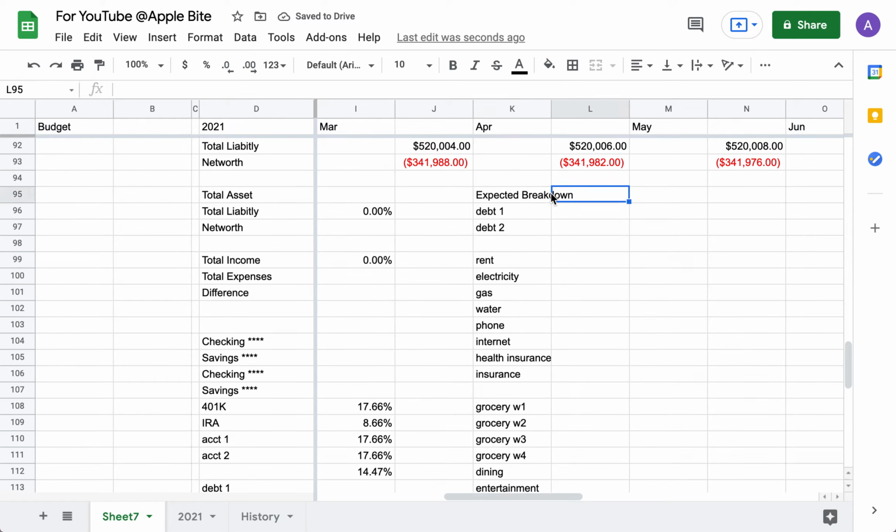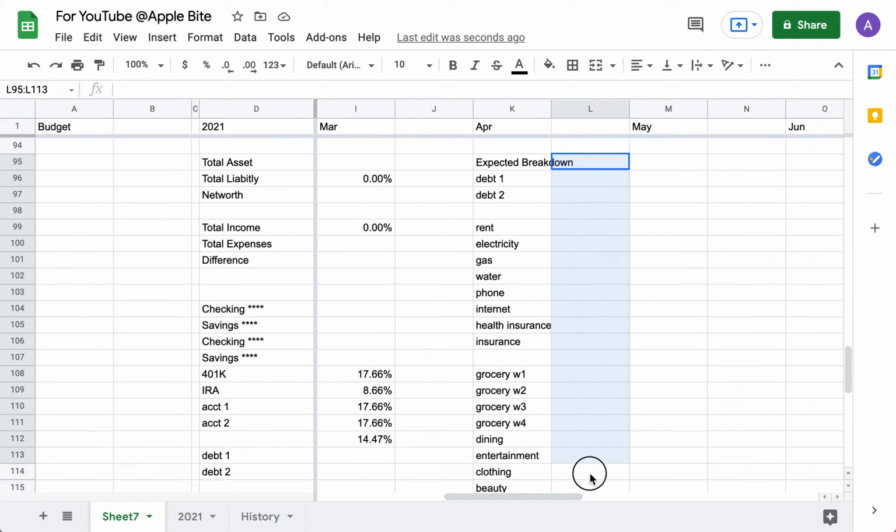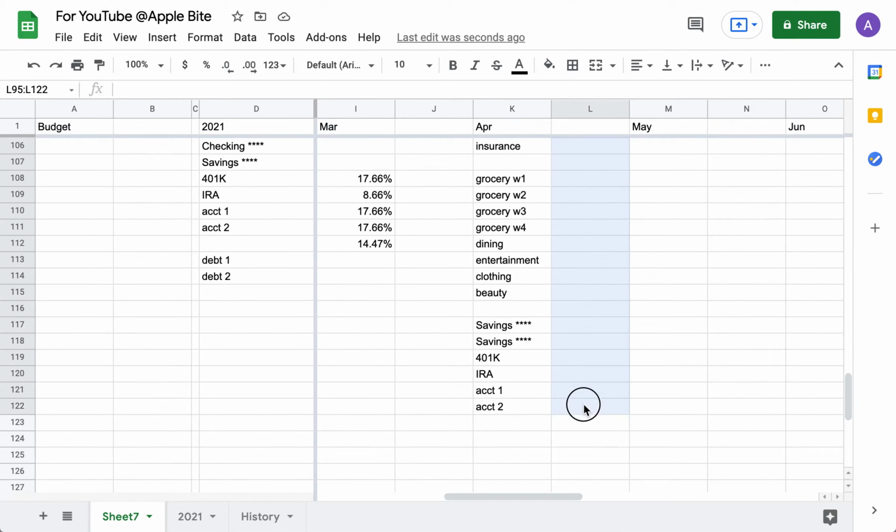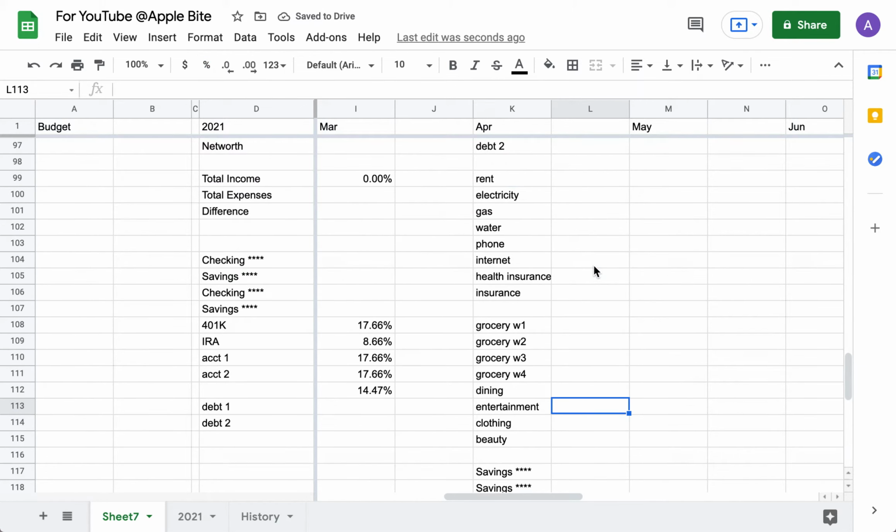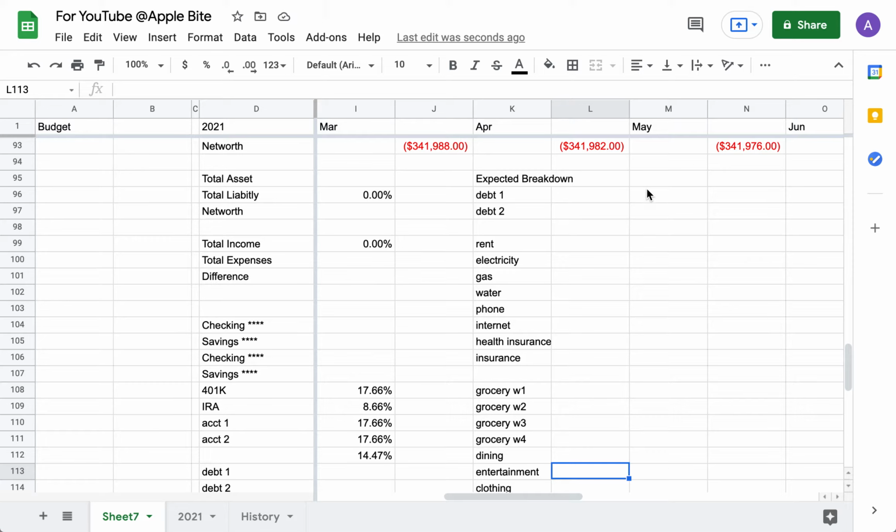So this would be the dollar amount, and then this would be the percentage. Or let's see, set this as a percentage. And then, for example, this is a monthly expected breakdown.